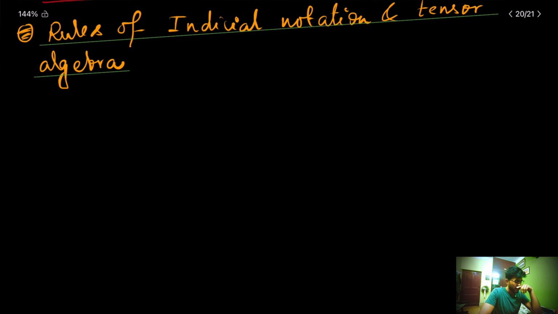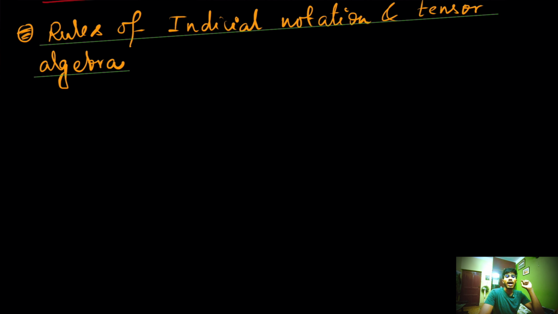So first let me ask you a question: what is a vector? You know that a vector is nothing but a quantity which has a magnitude and also a particular direction, and it has to obey the laws of vector addition and multiplication, right?